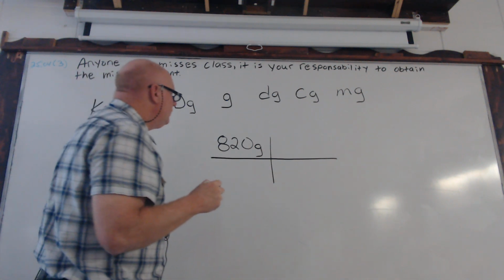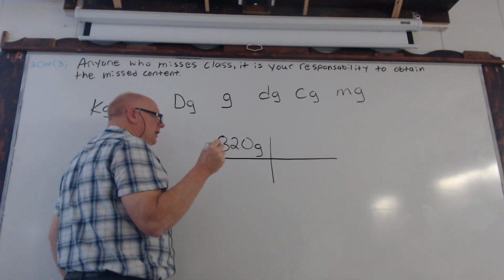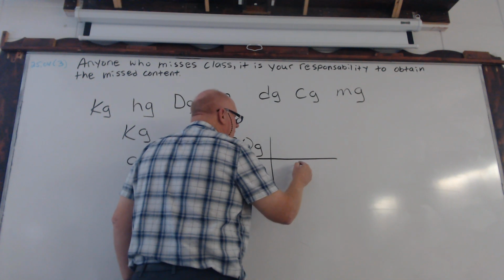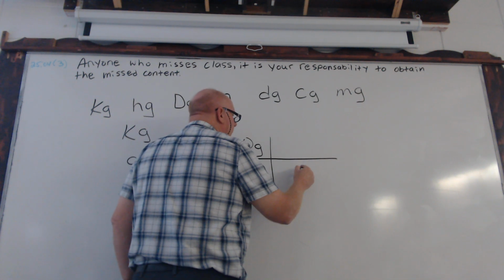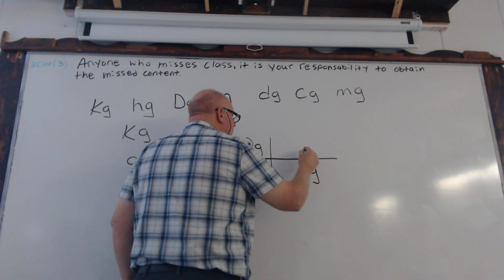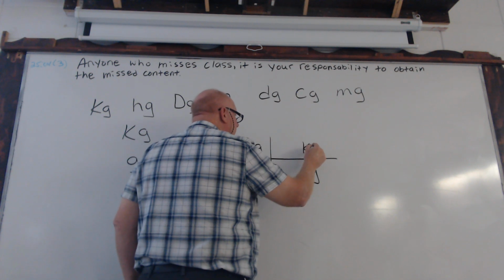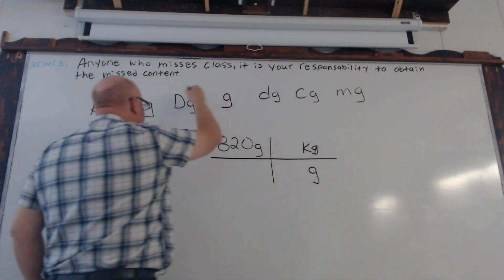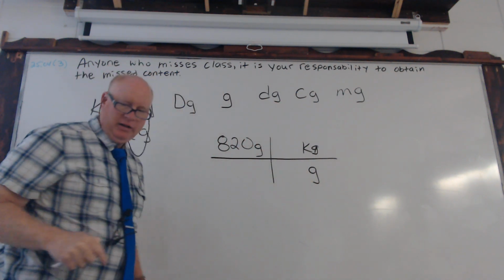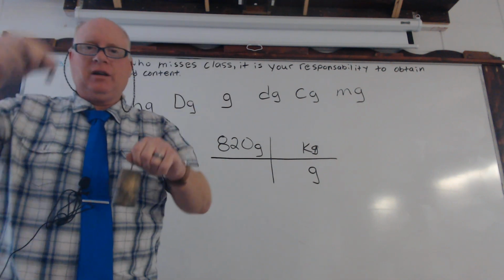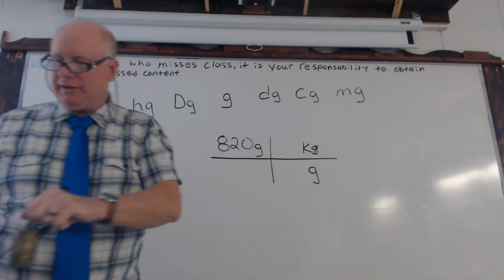So how we look at that is here we've got 1 gram, and we can put our kilograms here, because that's what we're looking for, because we're moving it to the left 3 times. And again, how many times larger is this than this? 1,000 times.